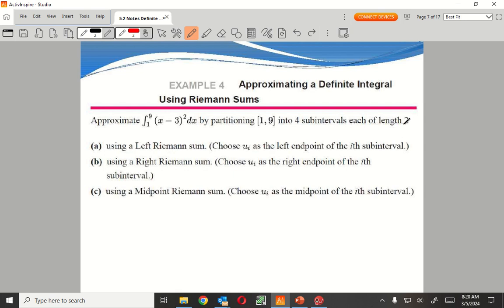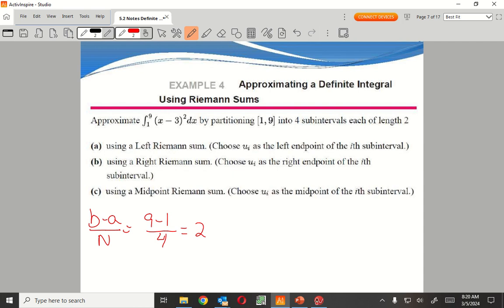So let's try this out. To figure out my intervals, I would do b minus a divided by n, and that's 9 minus 1 over 4, which is still going to give me 2.